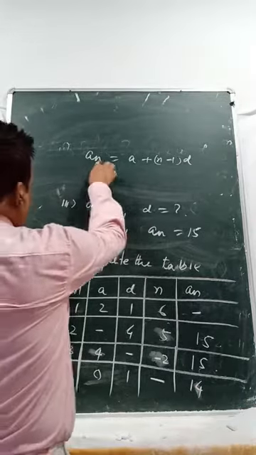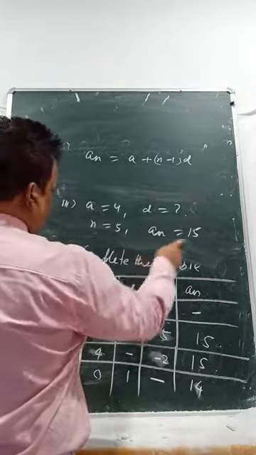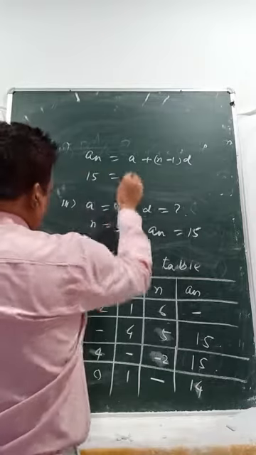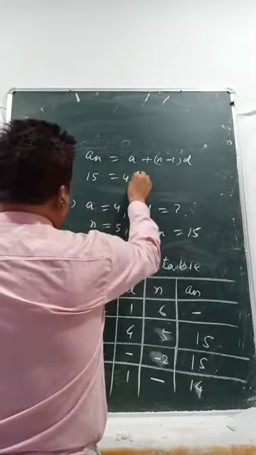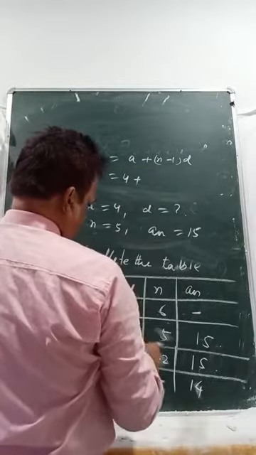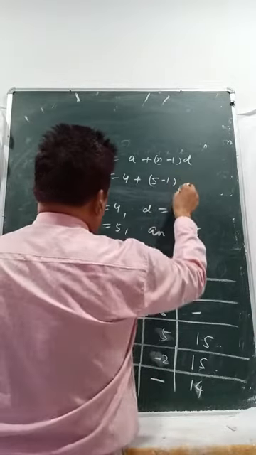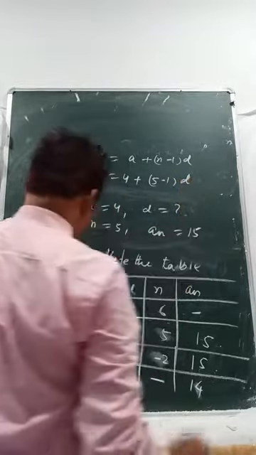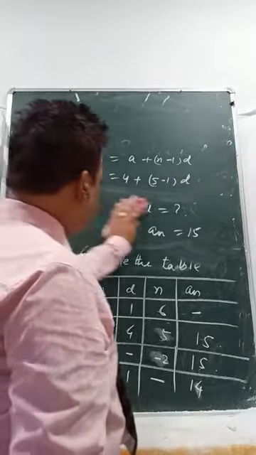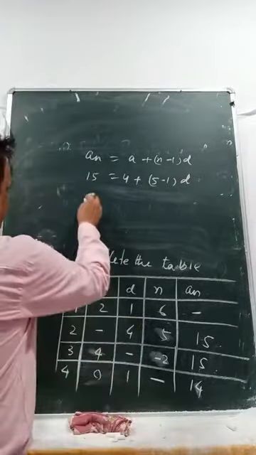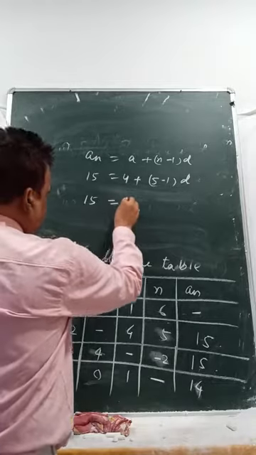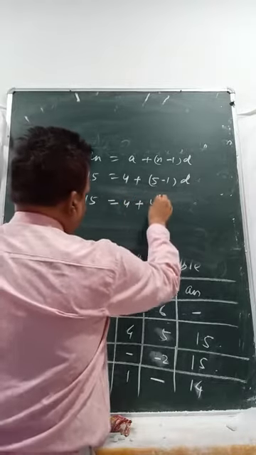So N is 15, A equals 4. D is not given, so what will you write? 15 equals 4 plus 4D.